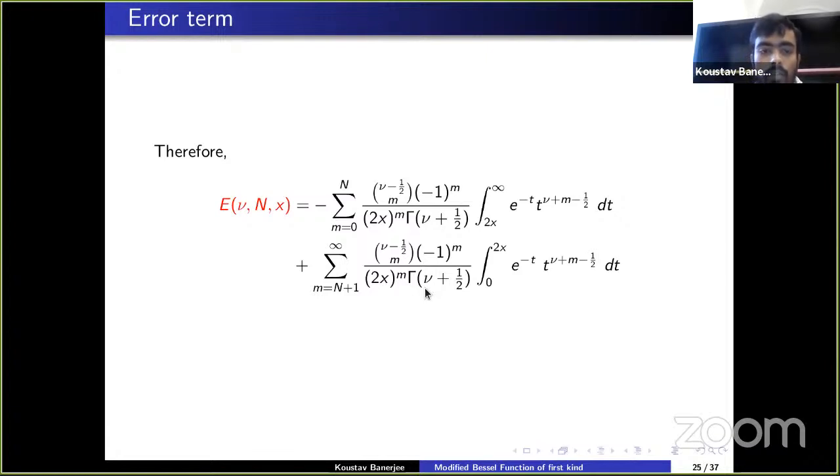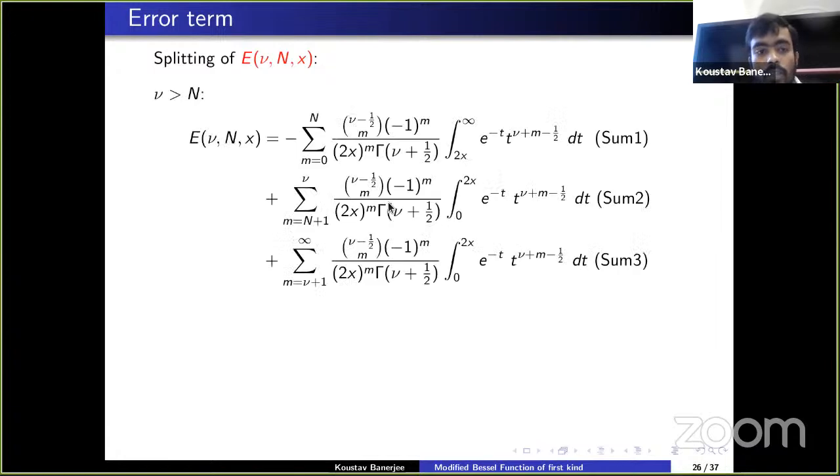But the question is that now I want to estimate the absolute value of this e nu n of x, and I have to consider cases based on this parameter nu and this cutoff point n. Why? Because this nu minus half binomial m behaves completely differently when nu is greater than m or nu is less or equal to m. So based on this, I split when nu is strictly greater than n.